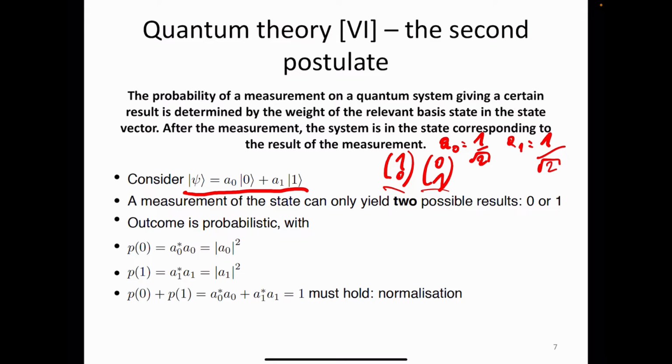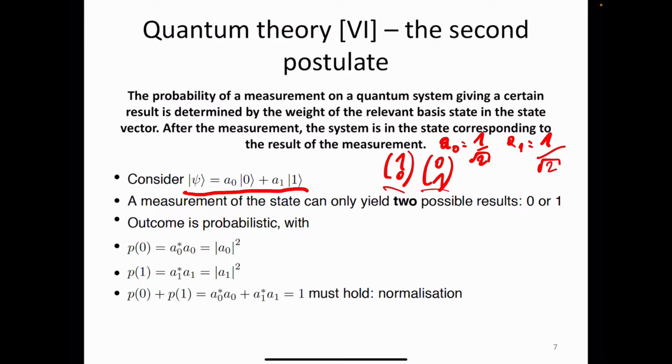The outcome is probabilistic. So what you see here, squared, that means, because we're dealing with complex numbers really, you have this a sub 0 with a star, the superscript, and that is the complex conjugate.